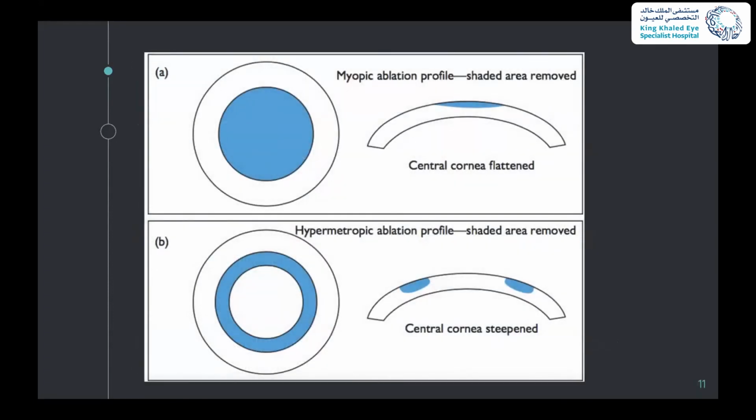So this is basically what we mean. In the central part of the cornea, we're removing tissue, so the central cornea will be flattened. And in cases of hypermetropia, we're ablating the peripheral part in order to steepen the central part of the cornea.